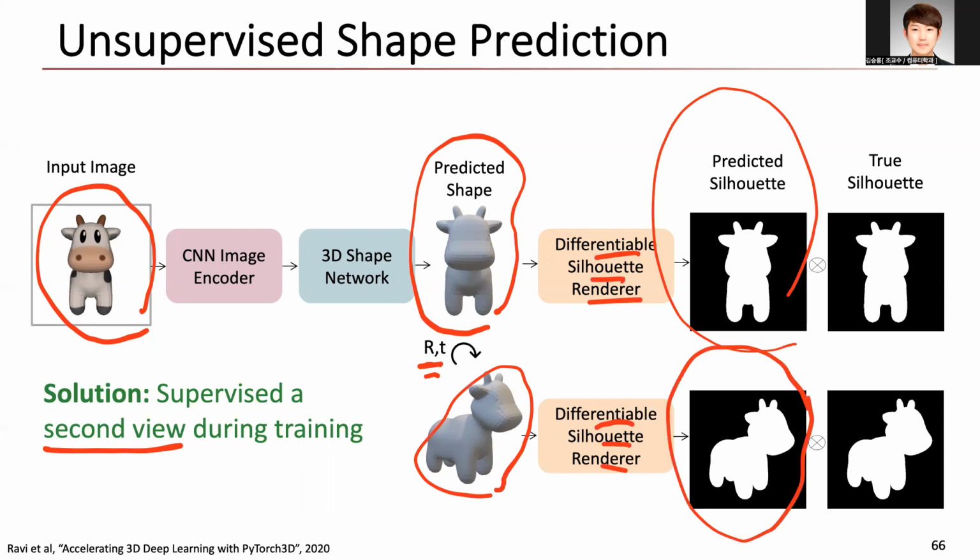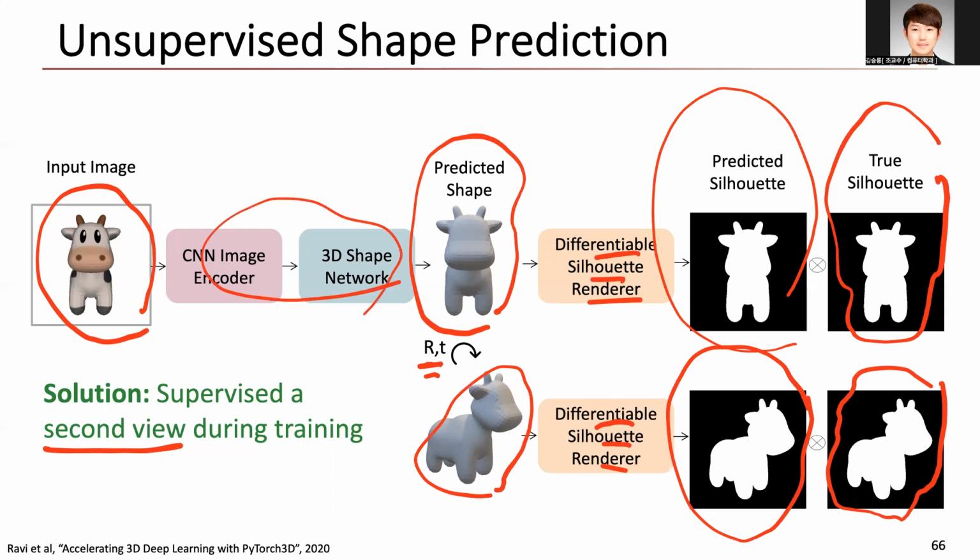If we have the original view silhouette and another view silhouette as supervision, we can better train this network. I mean, we can overcome the ambiguity problem because we can consider another viewpoint to train this network. So this additional other view supervision, silhouette or images, can help to overcome the ambiguity problem.